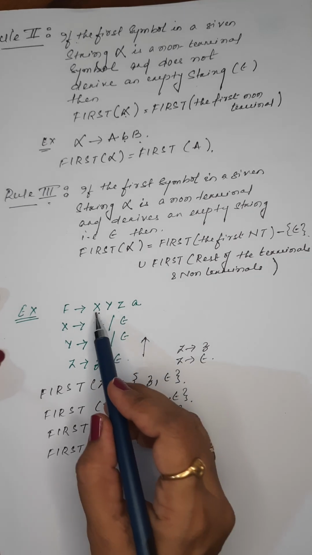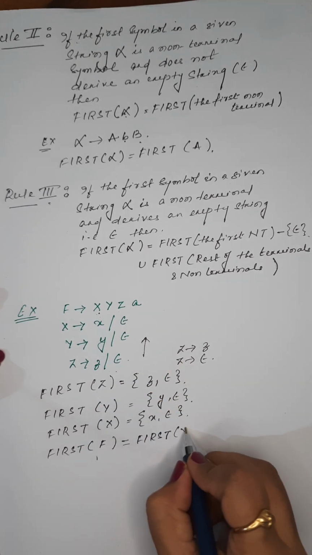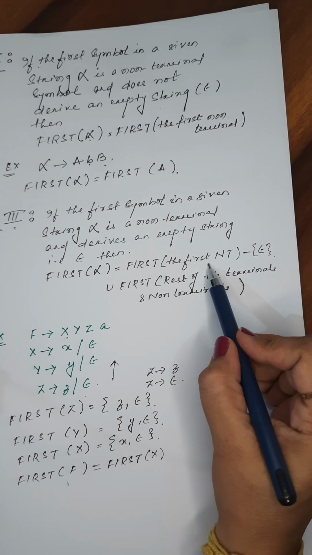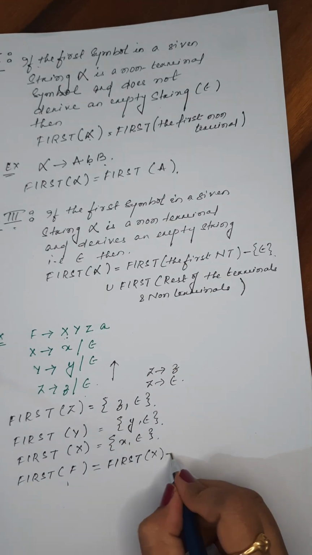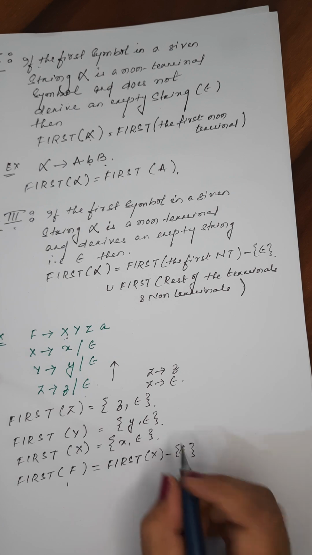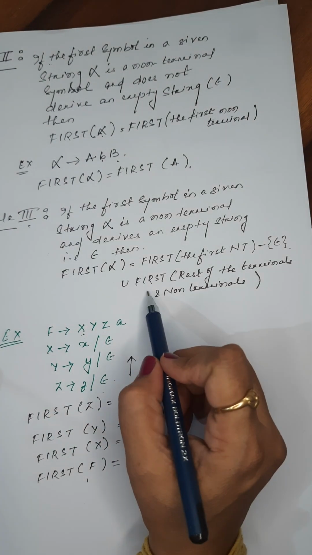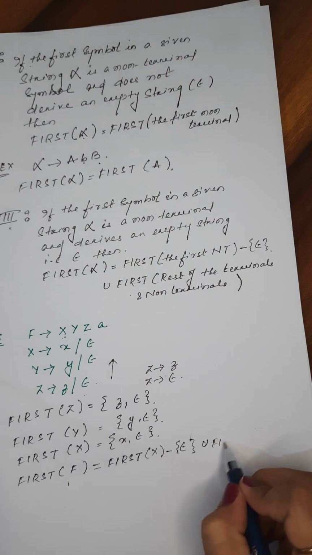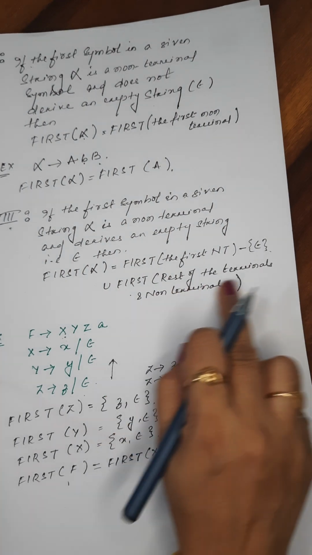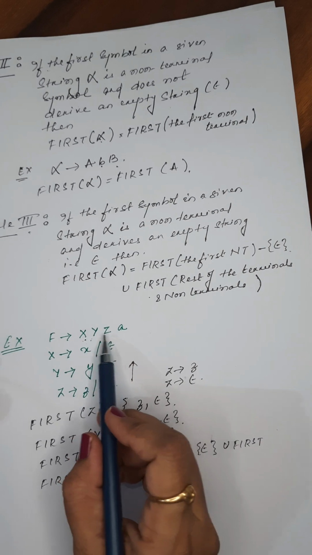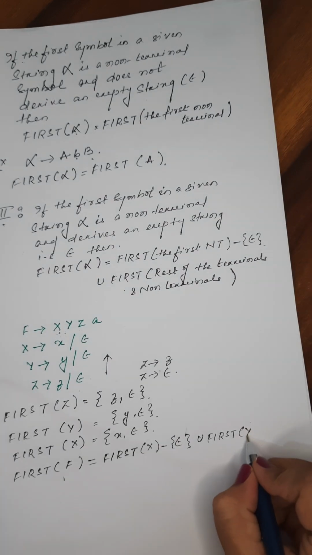What is the first non-terminal? X. First of X. Now see the rule. First of the first non-terminal minus epsilon, union first of the rest of the terminals and non-terminals. What are the rest of the terminals and non-terminals? Y, Z, A. So, put over here Y, Z, A.